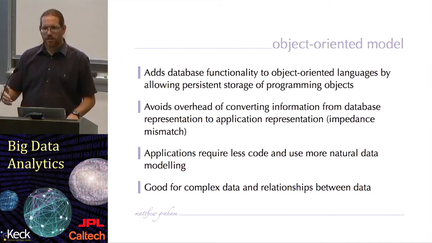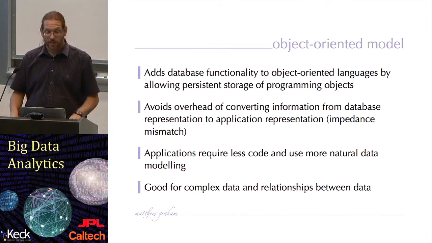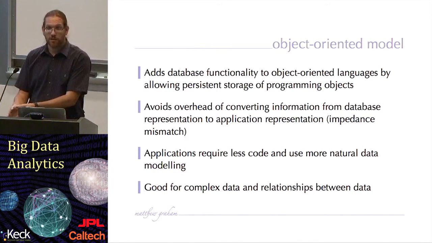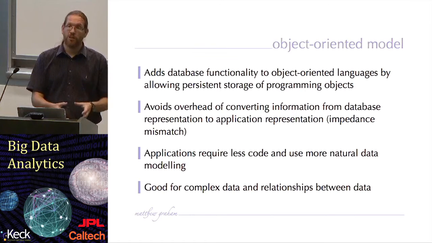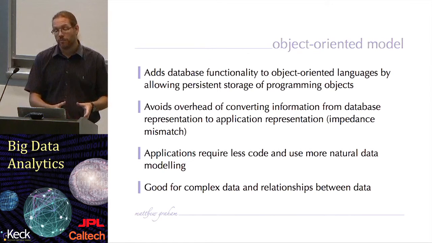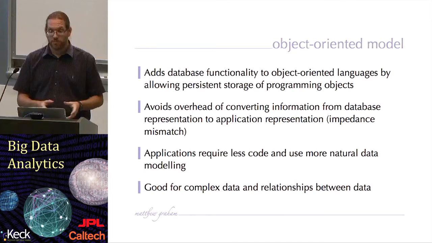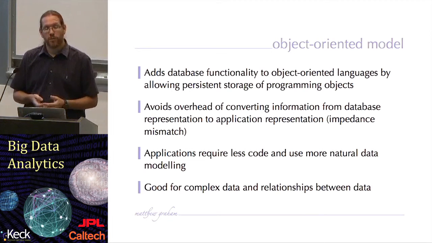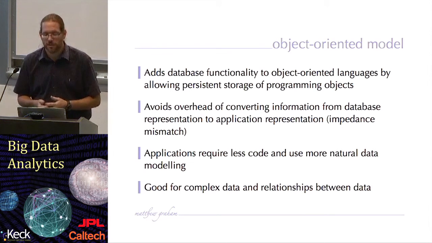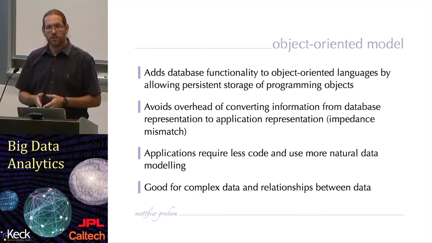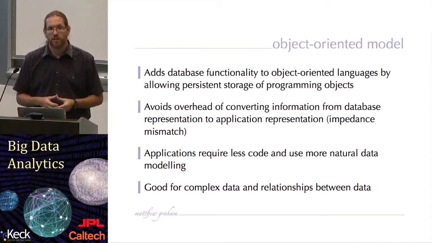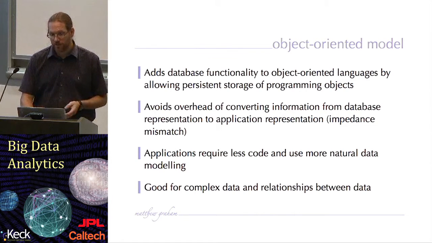This means that less code is required, and also, because I may already have a database structure which maps to the types of objects that I'm using in my programs, there's a more natural modeling between the two. This can be very good for very complex data objects, and when you have very complex relationships between different types of data objects. There are a number of commercial databases out there, and a number of free databases as well, which make use of this particular data model.